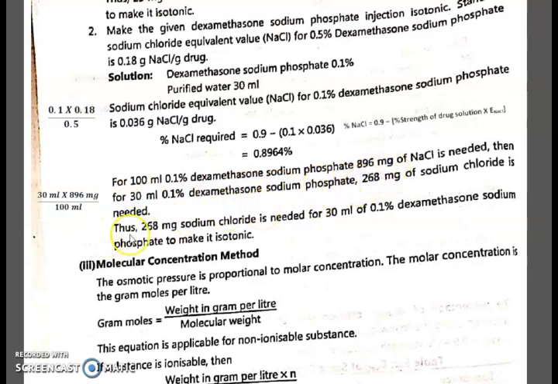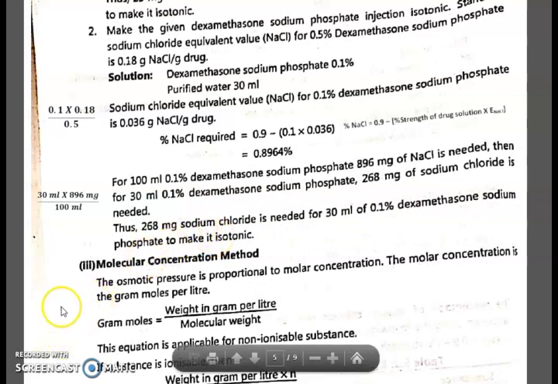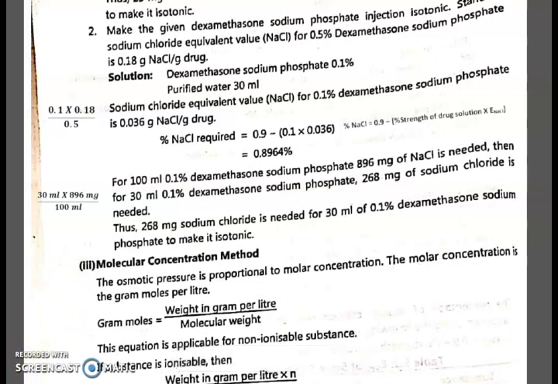Thus, 268 milligrams sodium chloride is needed for 30 ml of 0.1% dexamethasone sodium phosphate to make it isotonic. In the next session, we will see the other three methods for calculation of isotonic solutions.